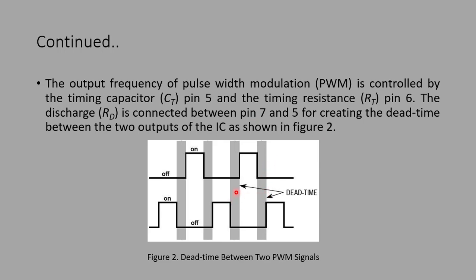As you can see in picture number 2, there is some gray area which is called the dead time area. So why do we need a dead time, or what is a dead time? Dead time is created for switching on and off the IGBTs or MOSFETs which we are going to operate with these PWM controllers.